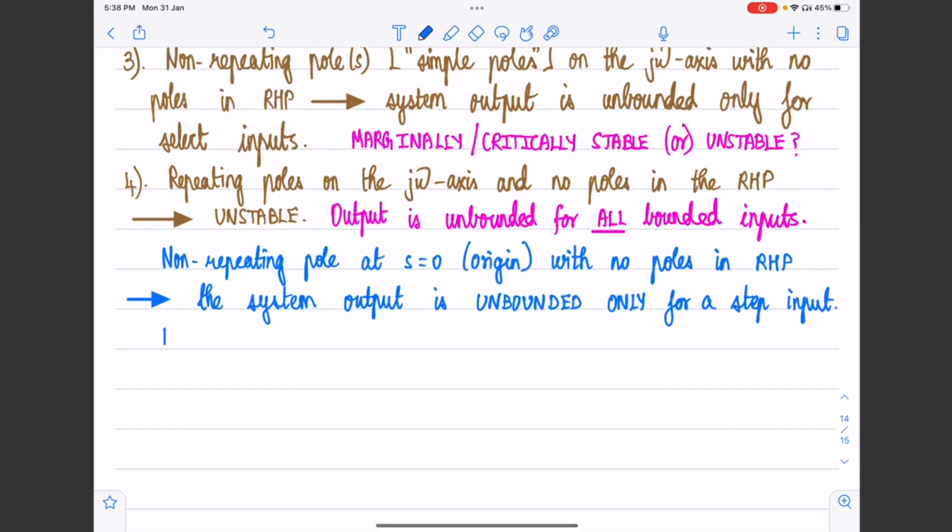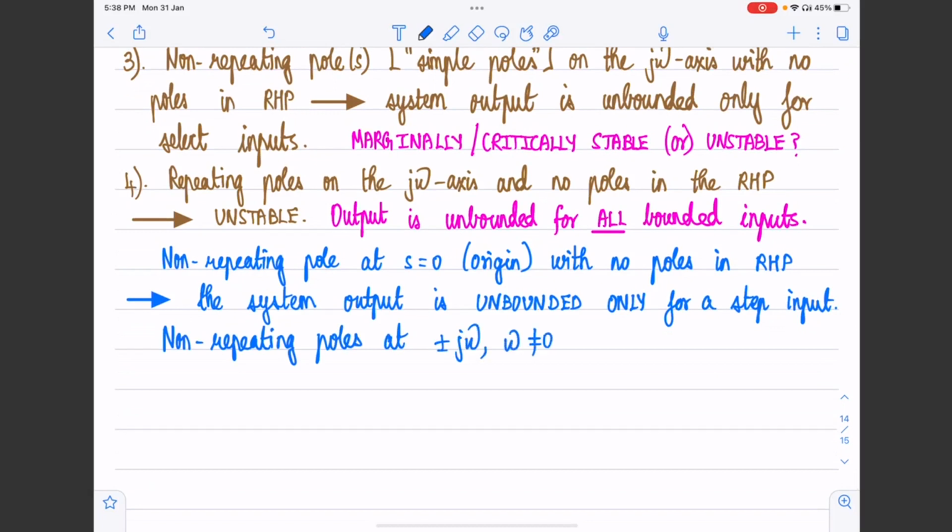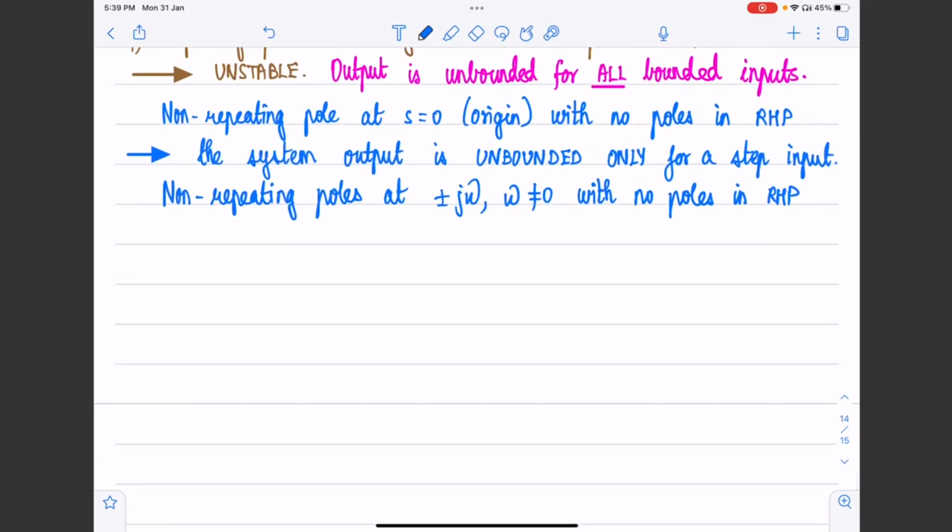Now, similarly, when we have non-repeating poles at plus or minus j omega, we are going to see an example as to how this can occur. This is on the j omega axis, omega being not equal to 0, with no poles in the RHP. For what class of system inputs will the output become infinity?